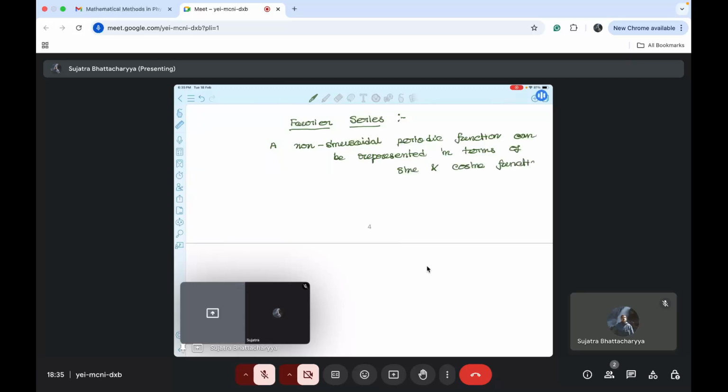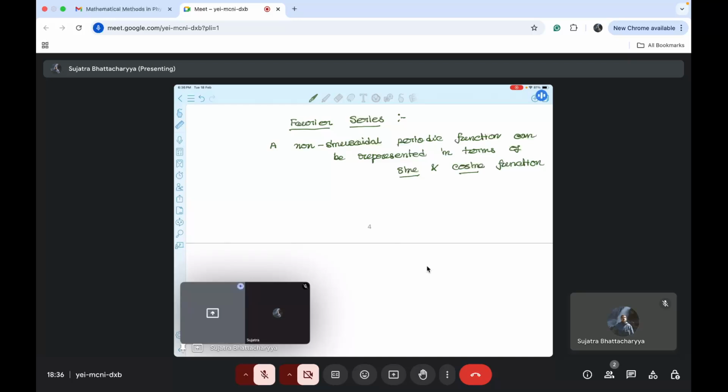The properties of sine and cosine are very well known to us. So that's why we generally try to fit a sine relationship or a cosine relationship.